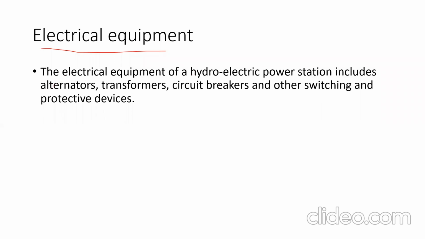The electrical equipment of a hydroelectric power station includes the alternator itself with a transformer to convert the incoming power level to a desired power level, circuit breakers to isolate the alternator from the grid when faults are there, and other switching and protecting devices. Protection of the alternator is also required.